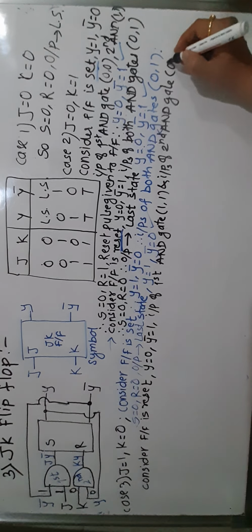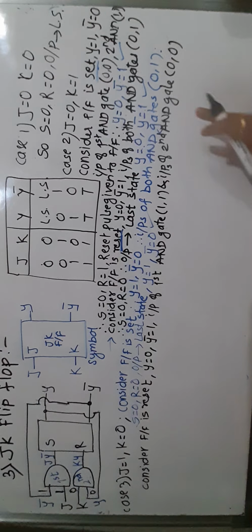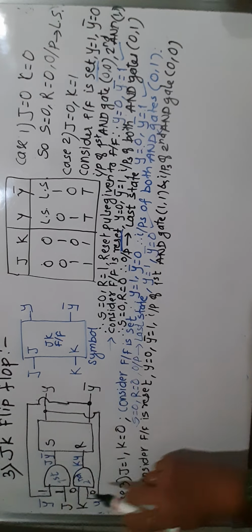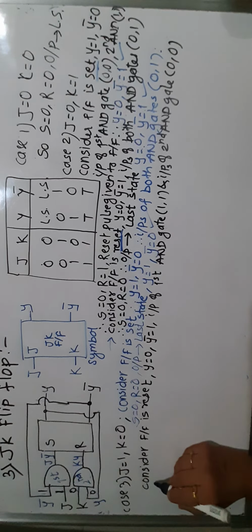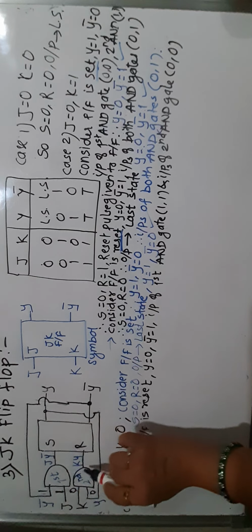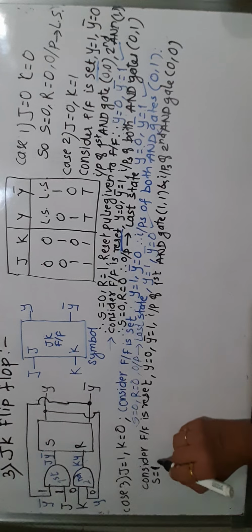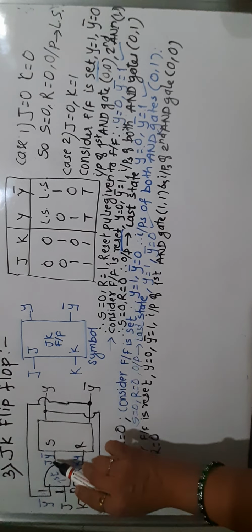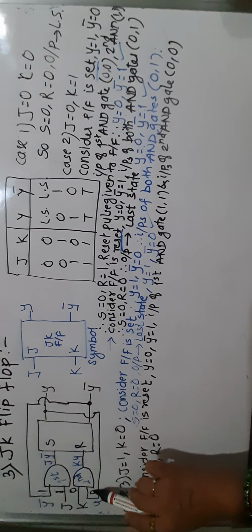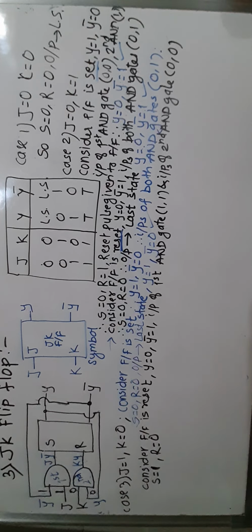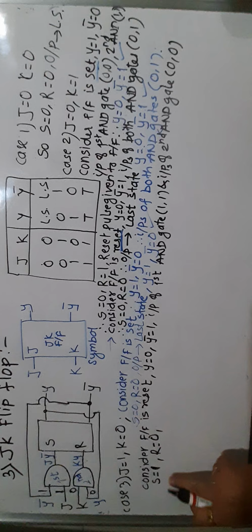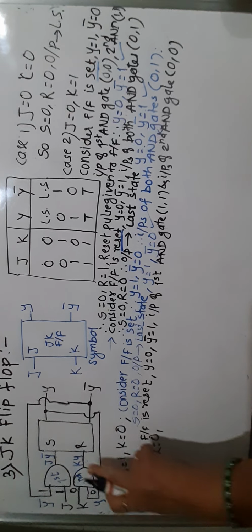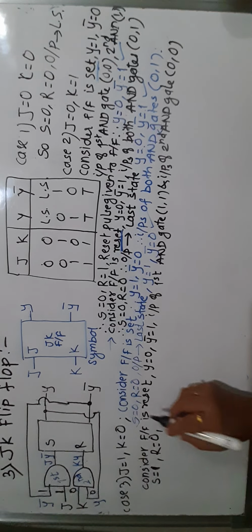So from this condition we can see here we get S equal to 1 and R equal to 0. Why? Because both inputs are 1 1, output will be 1. Here both inputs are 0 0, output will be 0. So S1 R0. Now as S becomes 1, this gives set pulse to RS flip-flop.